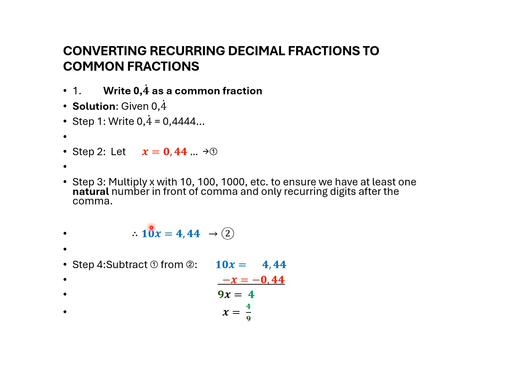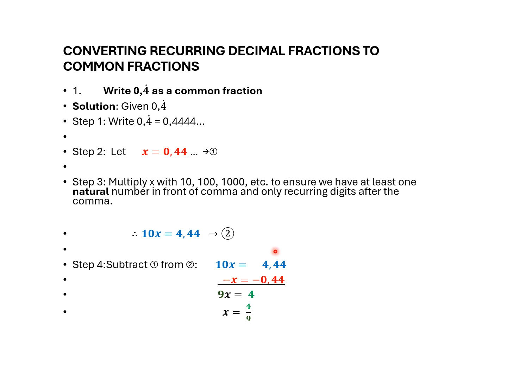So if I say 10x, then it shifts one space and it becomes 4,44. So we're going to say equation 2 minus equation 1. So 10x equals 4,44, and negative x equals negative 0,44.